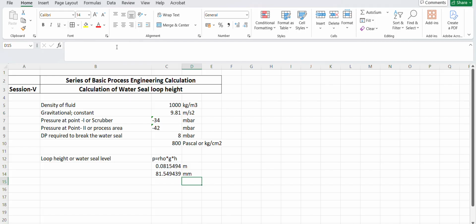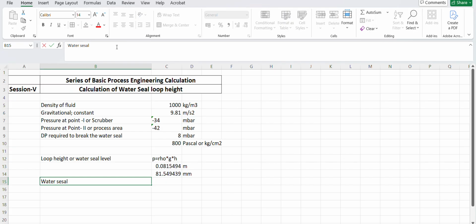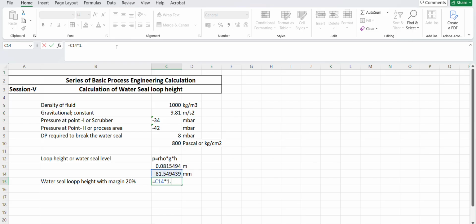We can add some margin here to the water seal loop height, a margin of 20%. So we can consider it with 1.2, that is 21 mm.